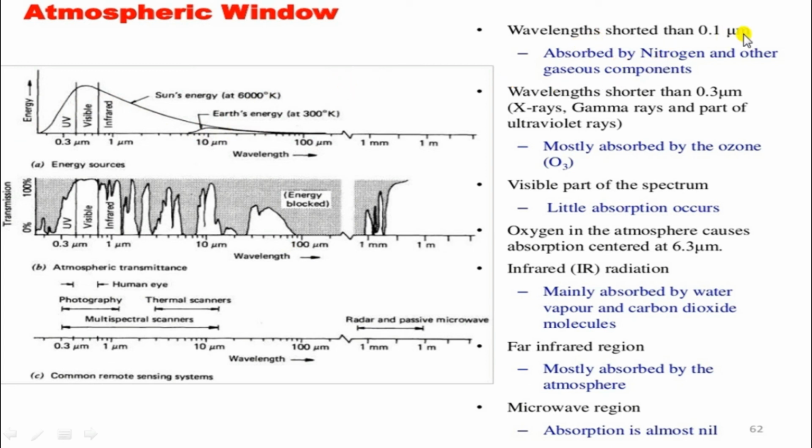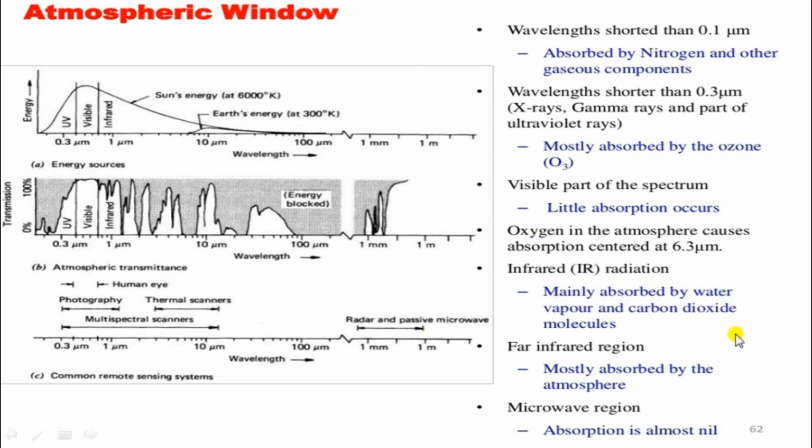Generally, wavelengths shorter than 0.1 micrometer are absorbed by nitrogen and other gaseous components. X-rays, gamma rays and ultraviolet rays are absorbed by ozone molecules. In the visible part of the spectrum, little absorption occurs.